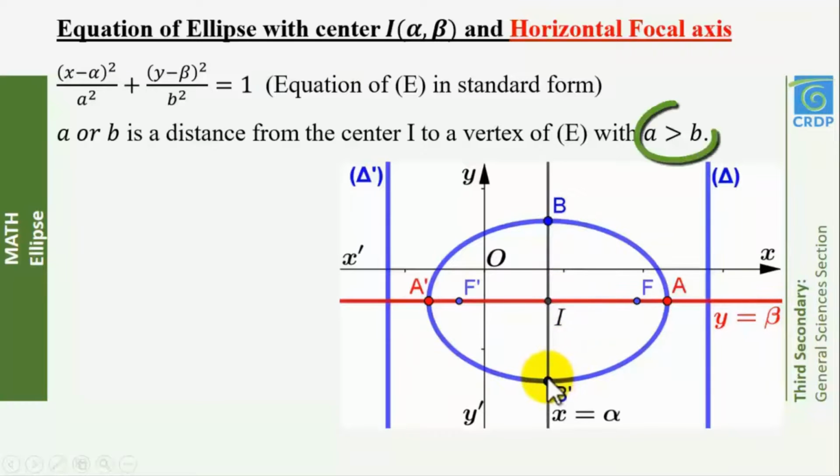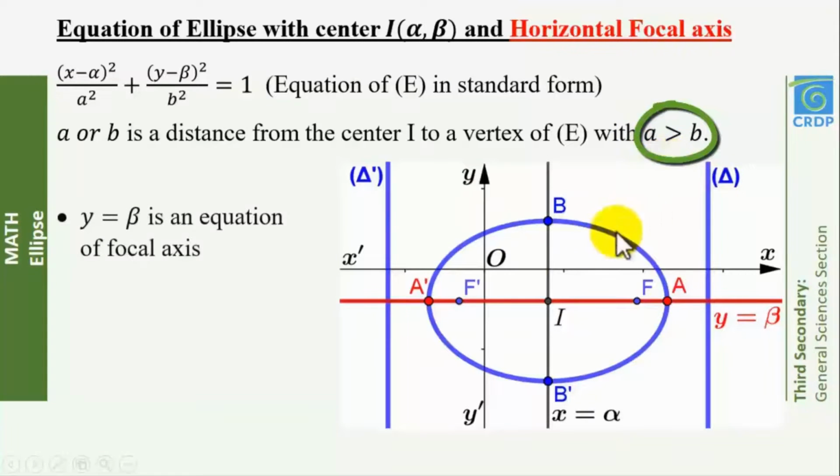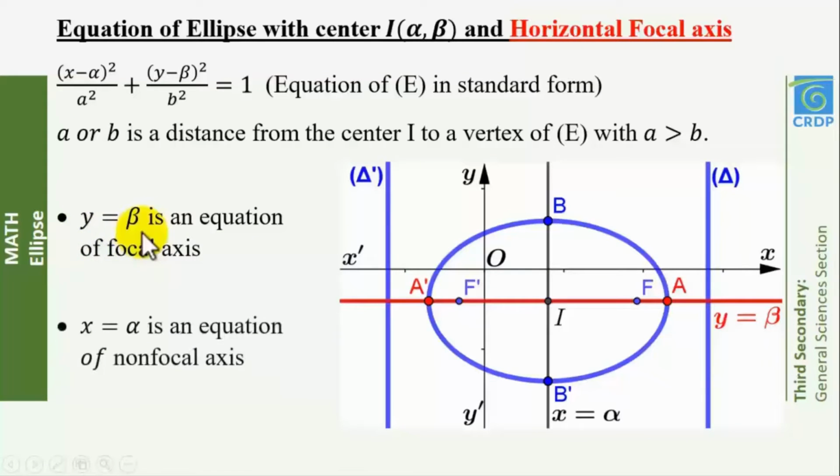Note that a is always greater than b. In this equation, the fraction with denominator a squared has (x minus alpha) squared as numerator. Then, the focal axis is parallel to the x-axis, and y equal beta is an equation of this focal axis. The equation of the non-focal axis is x equal alpha.